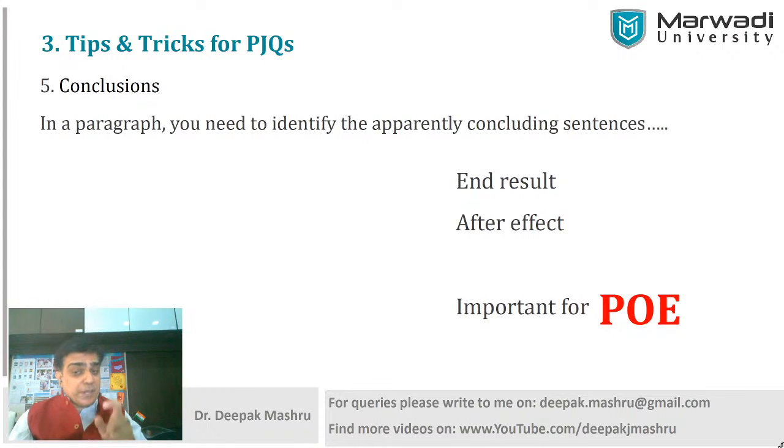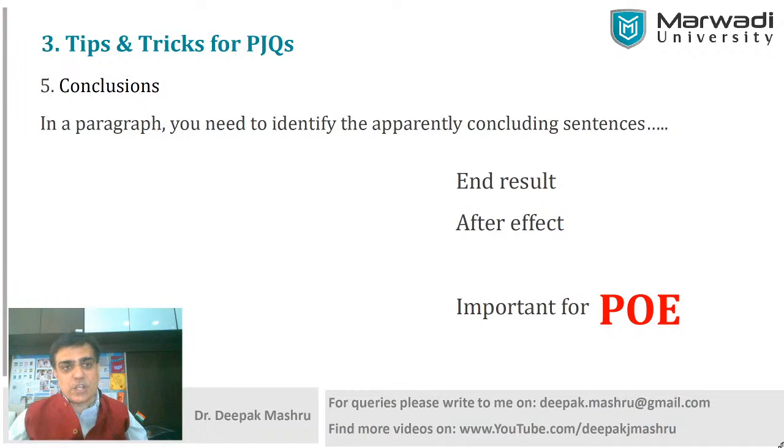So process of elimination talks about how to eliminate the options. The sentence which is not of end result, not of after effect, you feel, okay, this is not the conclusion, I can omit that.